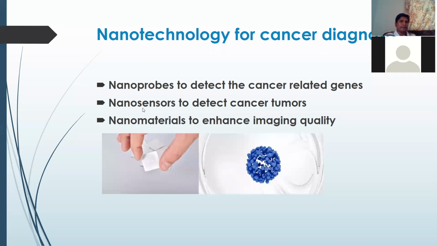Now, these nanosensors have an advantage that they would specifically bind to only those cells that are responsible for the development of the tumors. Another advantage of these nanosensors is that, because they are at nanometer scale and very sensitive, very tiny in size, they could be administered and utilized in those organs or areas where tumor detection is very complicated or very difficult in the case of the traditional methods.